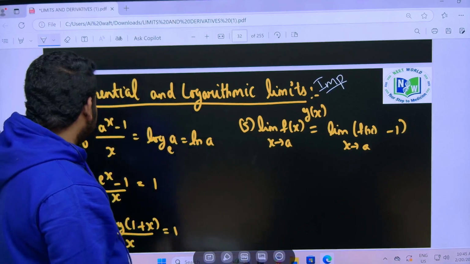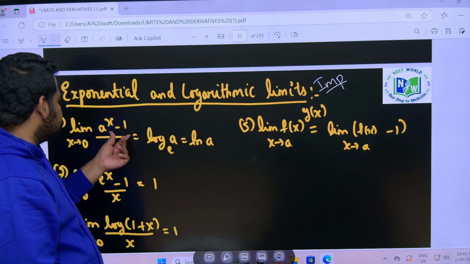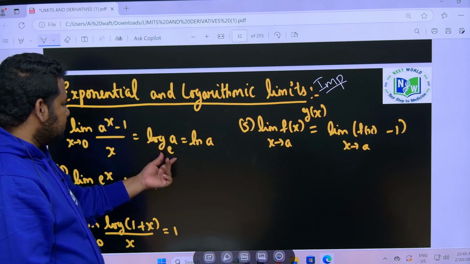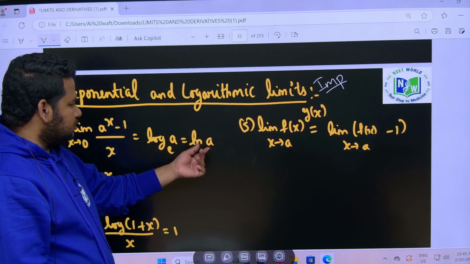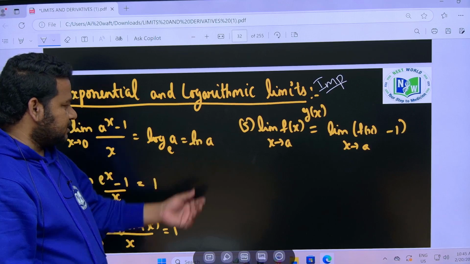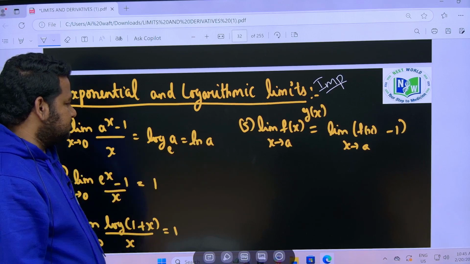Limit a power x minus 1 by x is equal to log a to the base e, also called ln a. These are natural limits. Got it, friends?